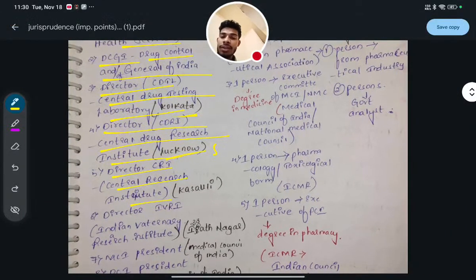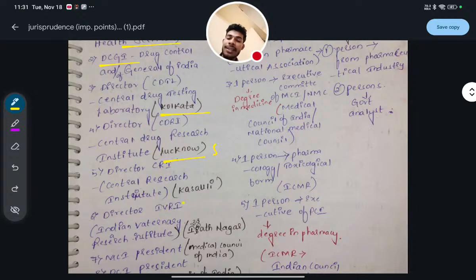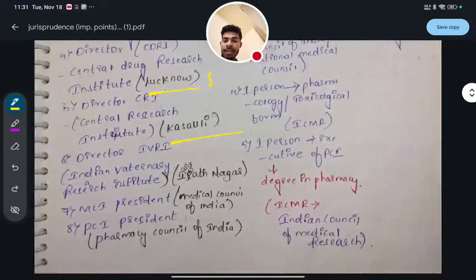So this location is also important, it is also asked. CDTL is situated in Kolkata, CDRI in Lucknow, and CRI in Kasauli.